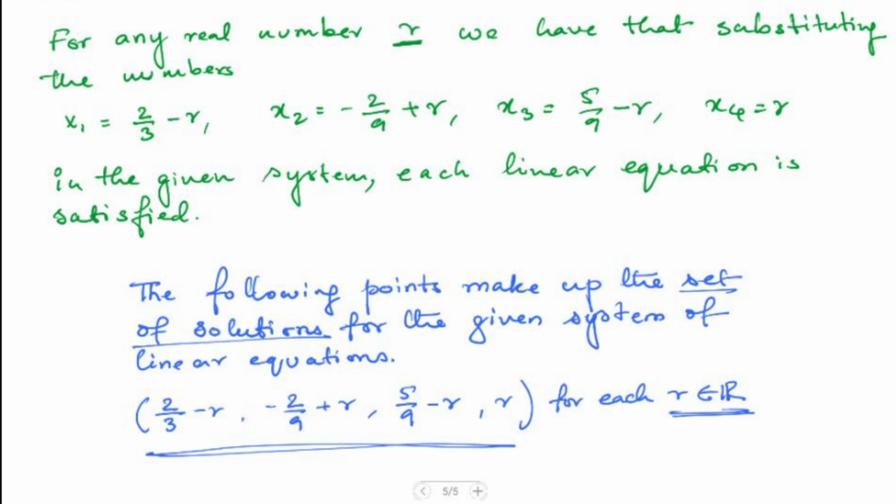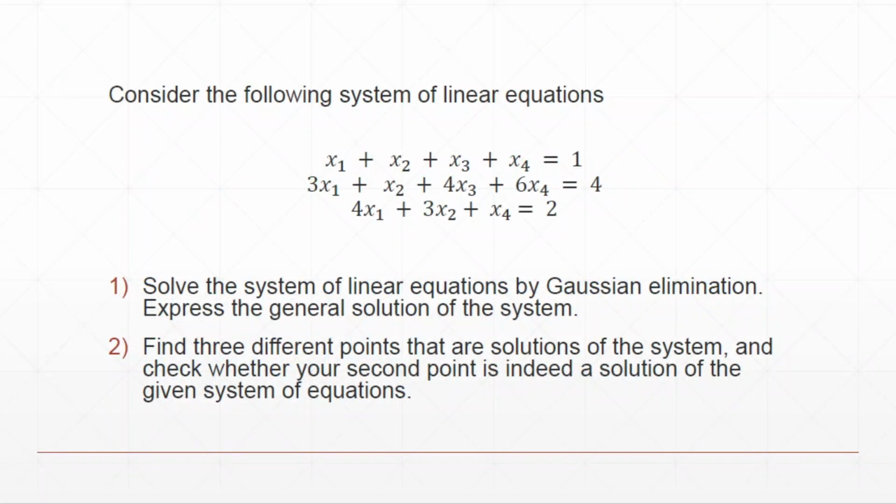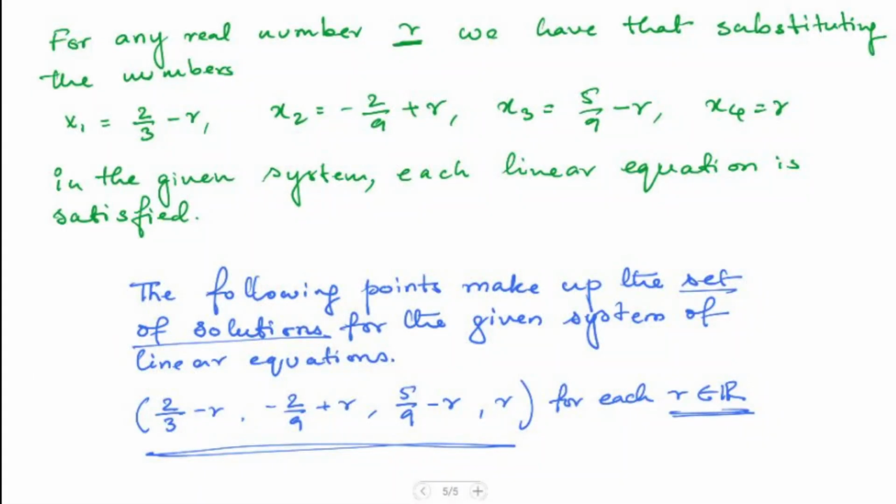So now let's go and see what our second part of the question is. It is: find 3 different points that are solutions to the system and check whether your second point is indeed a solution of the given system of equations. Here we just saw that if we take any real number r and insert it into this point, then what we get is a solution to our linear system of equations.